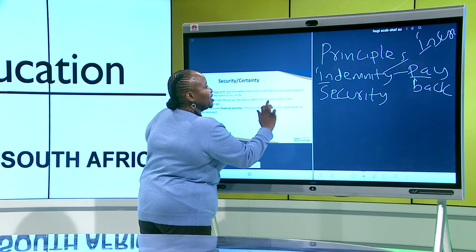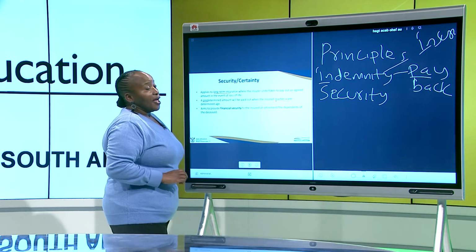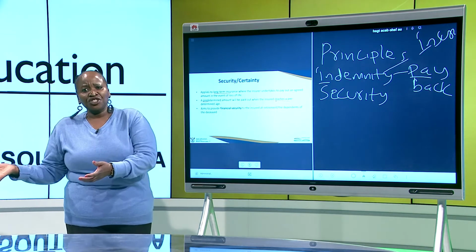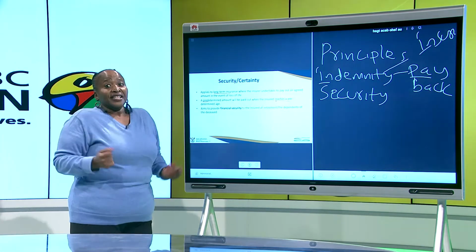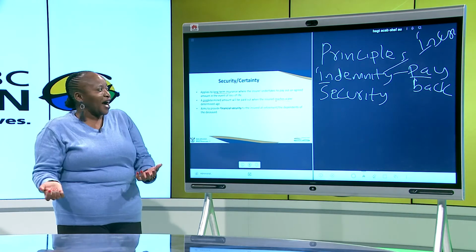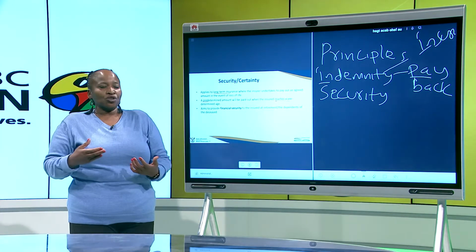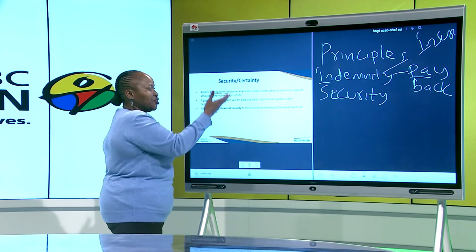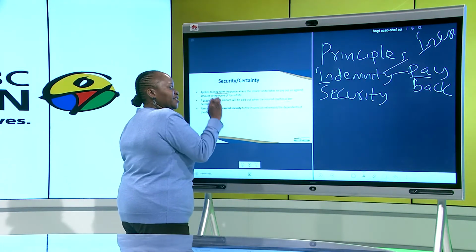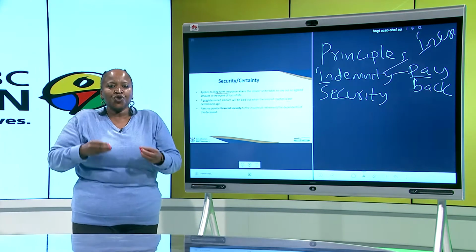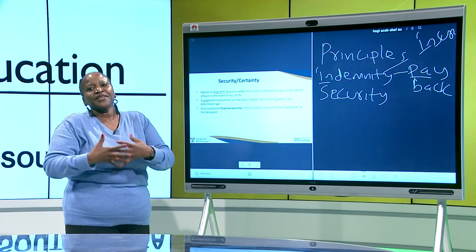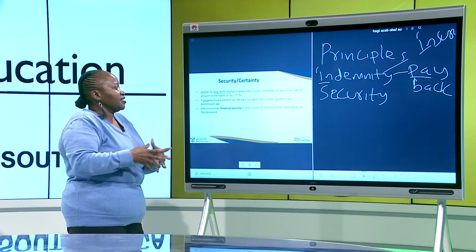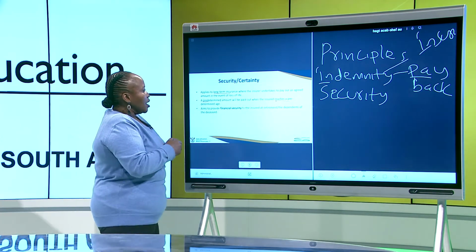What do I mean by a predetermined amount? It's security. You take out an insurance worth 1 million rand, so that when you reach the age of 55, the insurer is going to pay out. Then when they pay out, you know that it's security. That is why we say it's a predetermined amount, because it's the money that you know you are expecting, and you are paying premium so that when you reach that particular age, you would receive that amount.